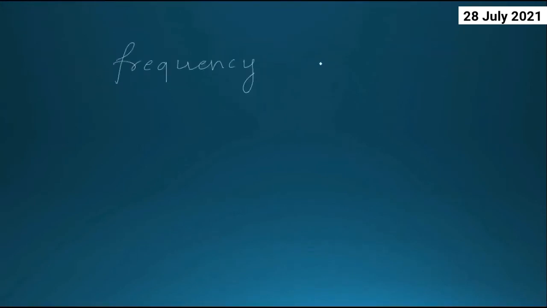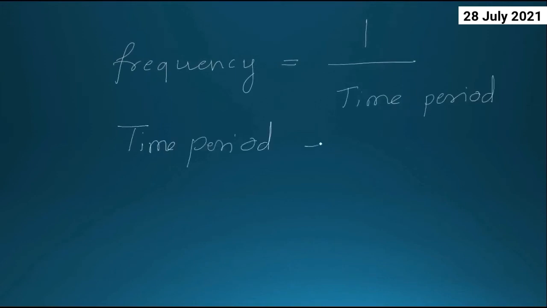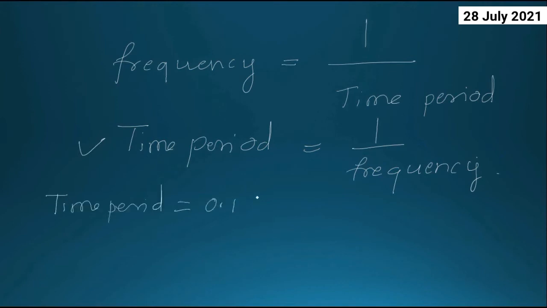Always remember, frequency is always the reciprocal of time period, or you can even write this as time period is equal to 1 upon frequency. So with this relation, if time period is given, you can find frequency. Like in the previous example, we had time period equal to 0.1 second, right?